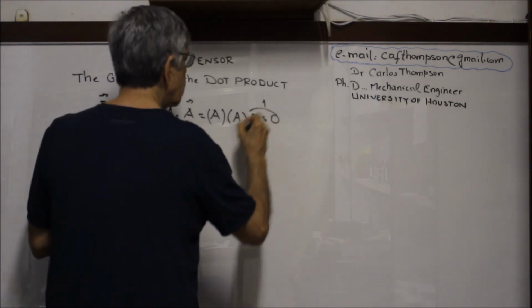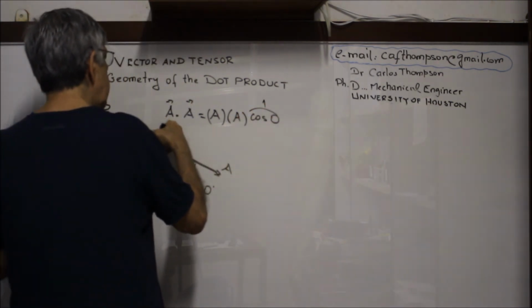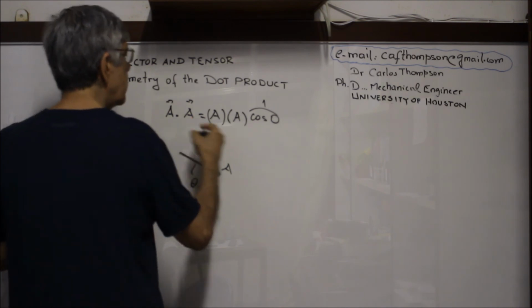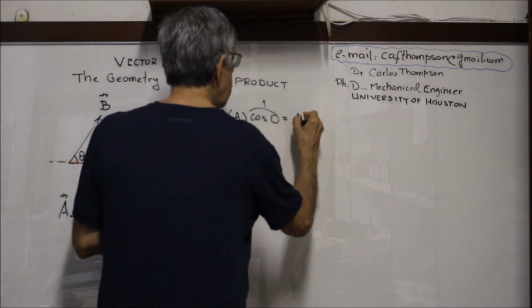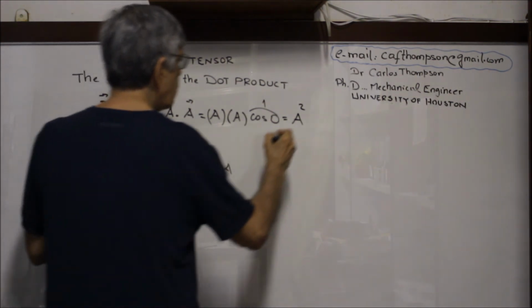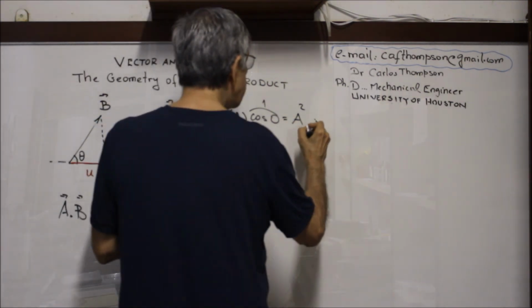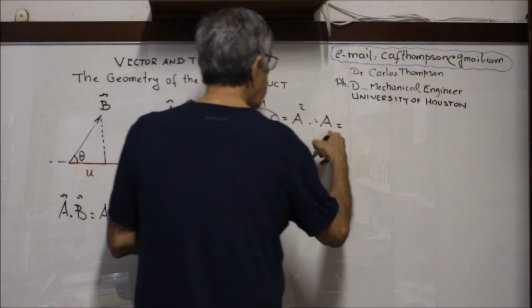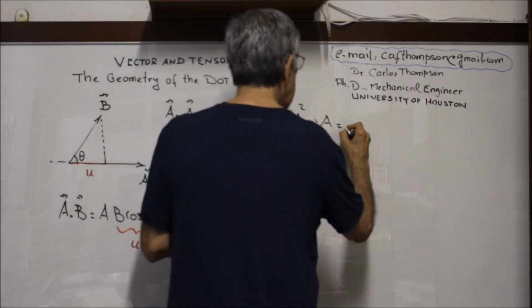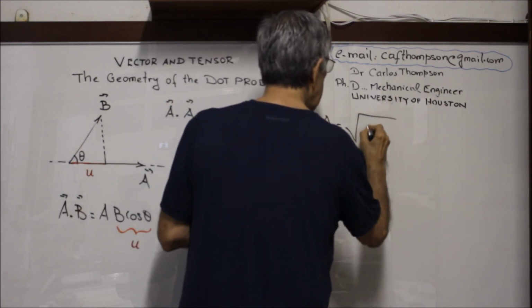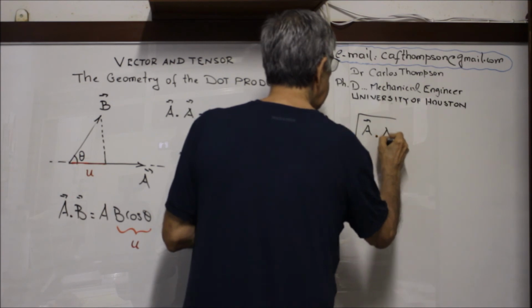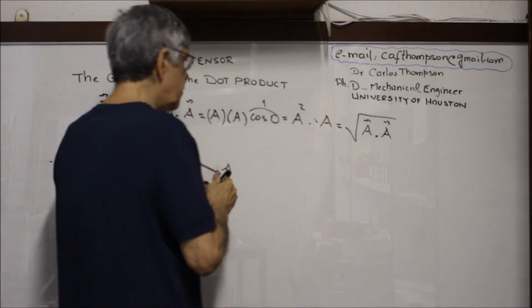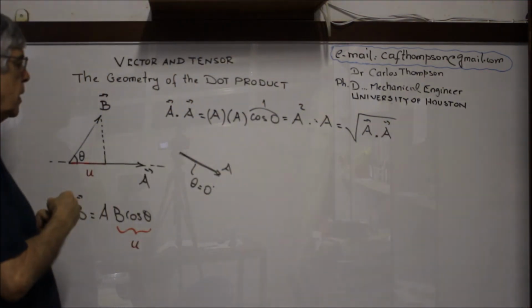Cosine of 0 is 1. So vector A dot A is equal to A squared. From here, we can obtain the magnitude of the vector as the square root of A dot A. That's a very, very important property.